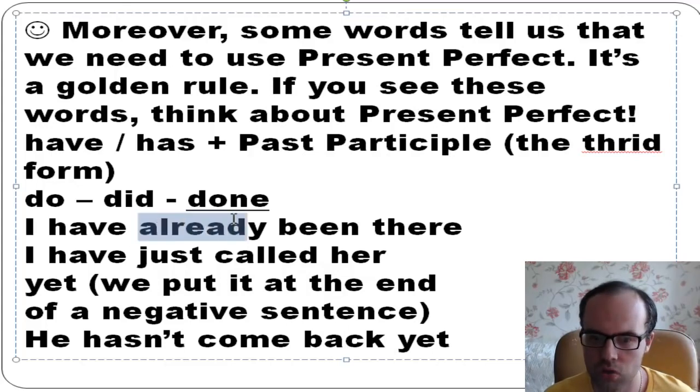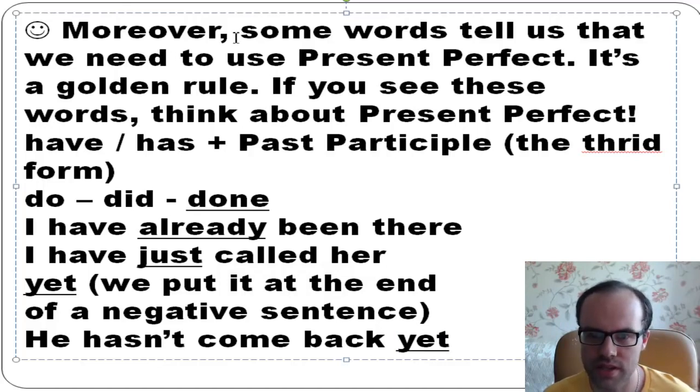So you see, already: I have already been there. Just: I have just called her. Yet, we put it at the end of a negative sentence. We say "in the end," but "at the end of" something. So he hasn't come back yet.